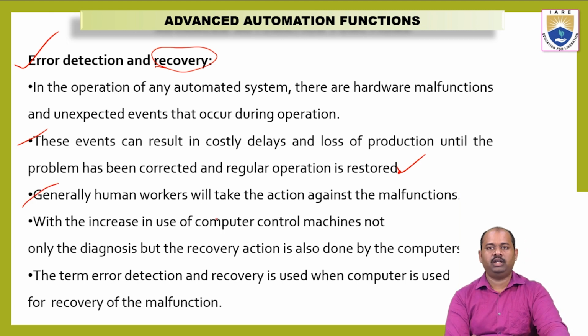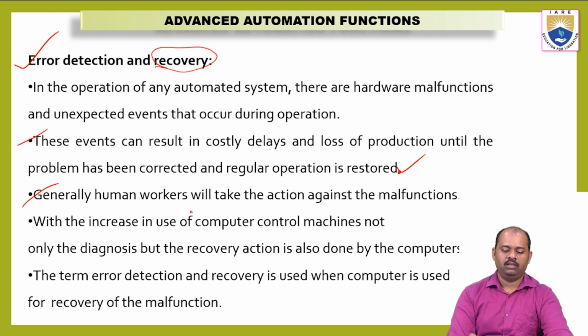And then the next point: generally, human workers will take the action against the malfunctions. Whenever a system is damaged or some part of the manufacturing system is malfunctioning, the feedback from the automation system is given to the computer where the human beings will be working. This human worker will take care of the malfunction.